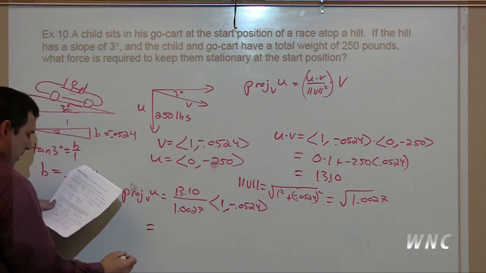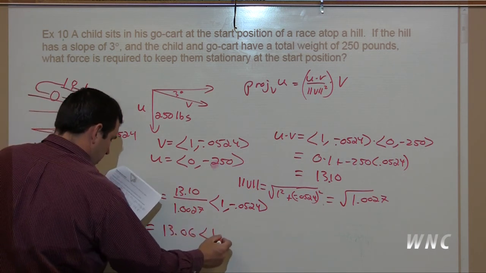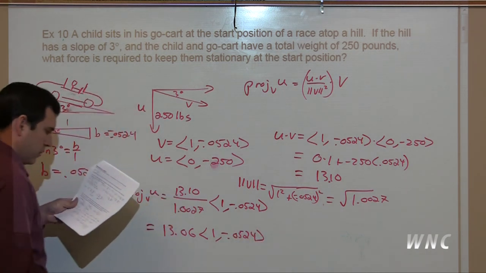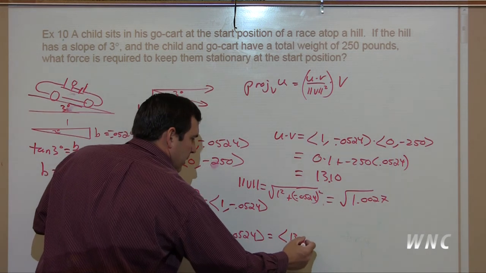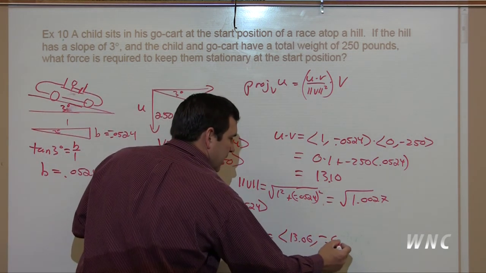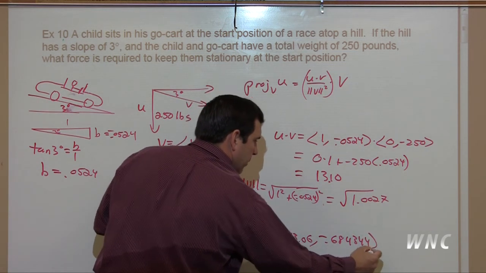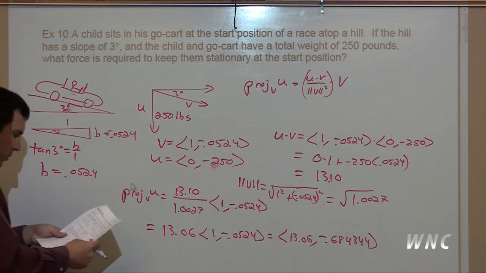So this comes out to be 13.06 times 1, negative 0.0524, which is 13.06, negative 0.684344. So that's v in component form.